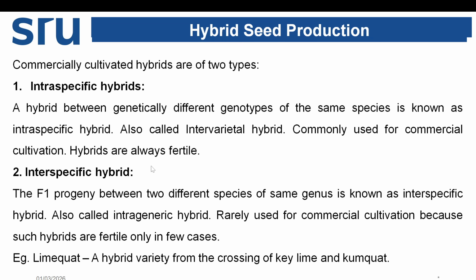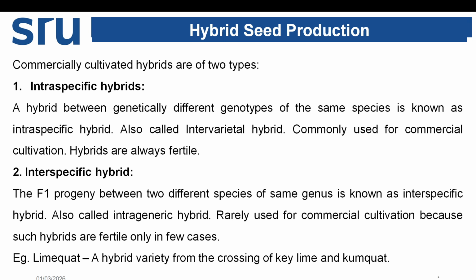The second type of hybrid is the interspecific hybrid. What is an interspecific hybrid? The F1 progeny between two different species of the same genus is known as an interspecific hybrid. This interspecific hybrid is also called an intrageneric hybrid.